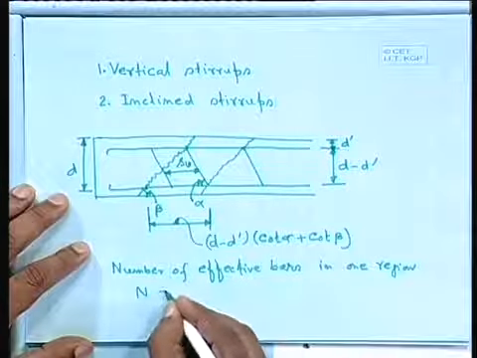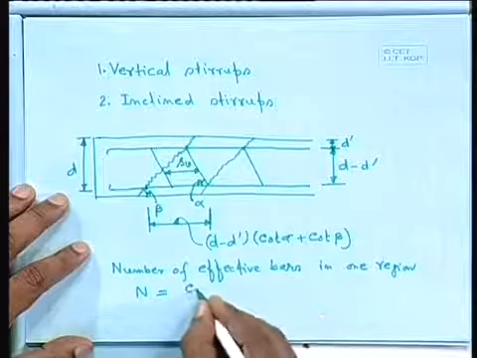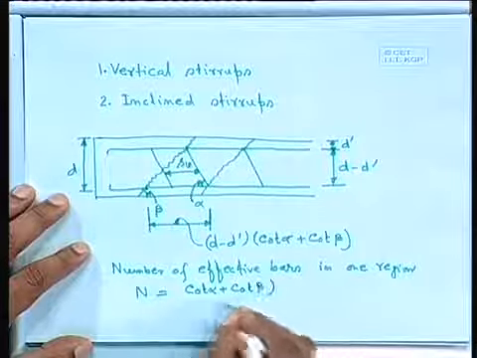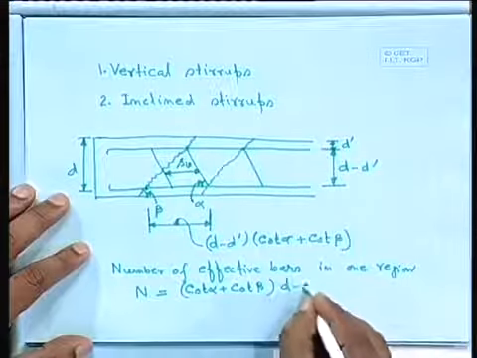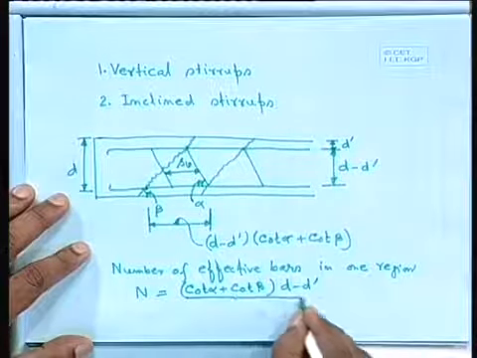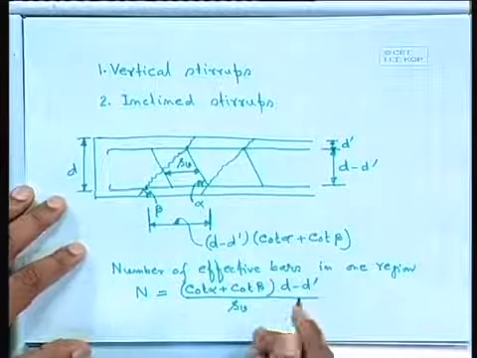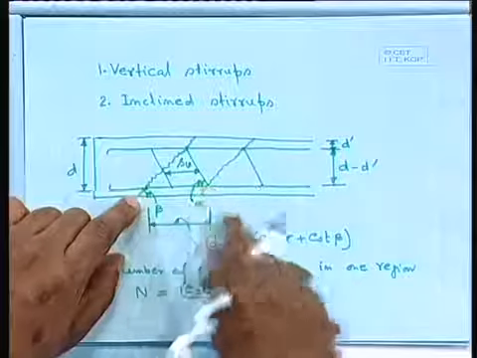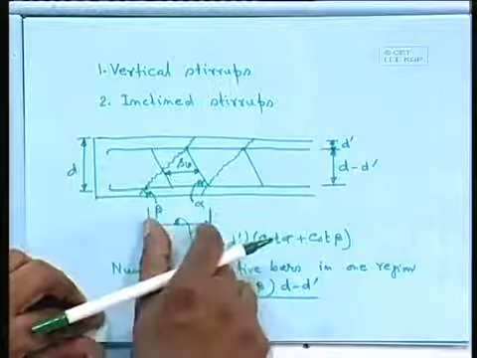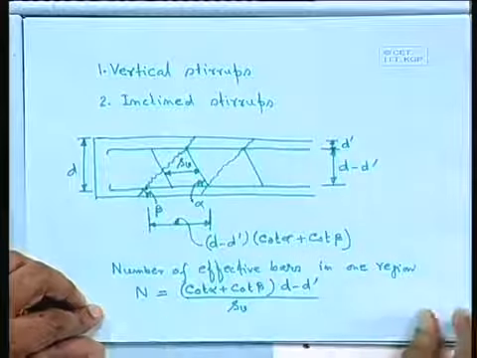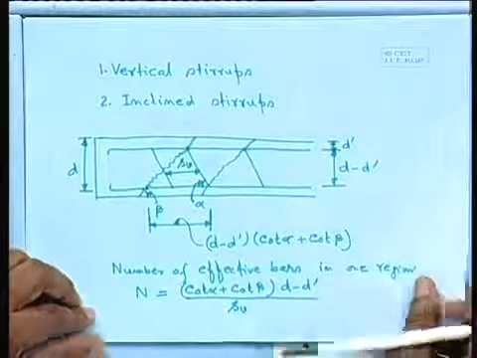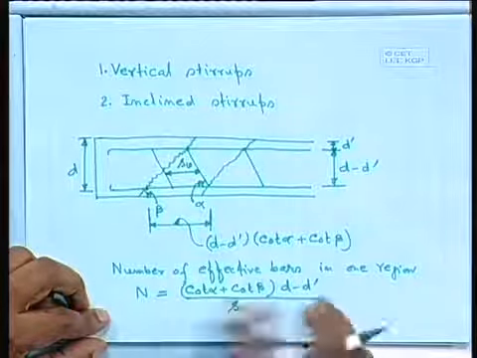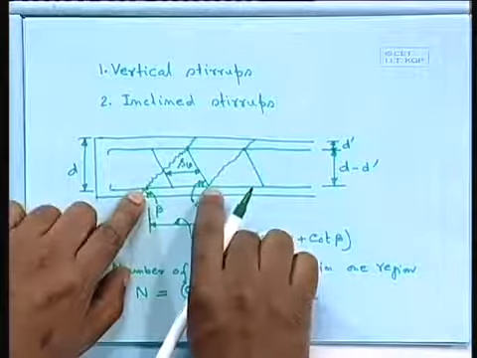So, n equal to cot alpha plus cot beta times D minus D dash divided by SV, the spacing of the inclined bars. So, that means you have to provide the bars within this region, and we get cot alpha plus cot beta because we are getting this horizontal length. So, this is the number of bars. Here also, instead of having D by SV, we are getting this formula, because we have to provide within this region.